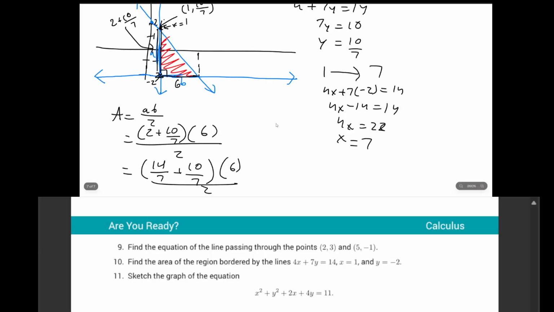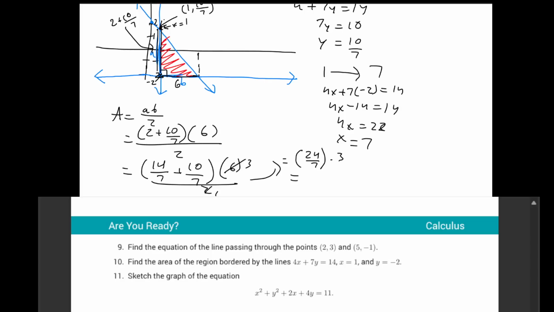Gotta add a new page. This will be 24 over 7 times 6 over 2. This will be a 1. This will be a 3 times 3.